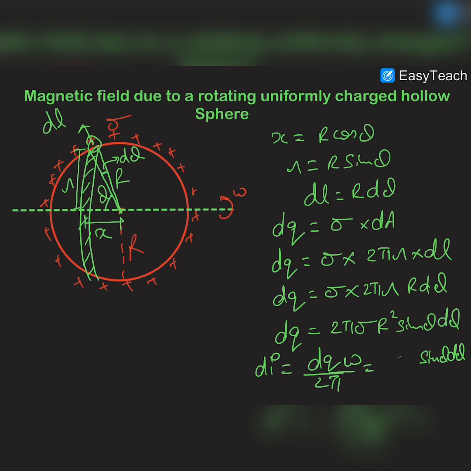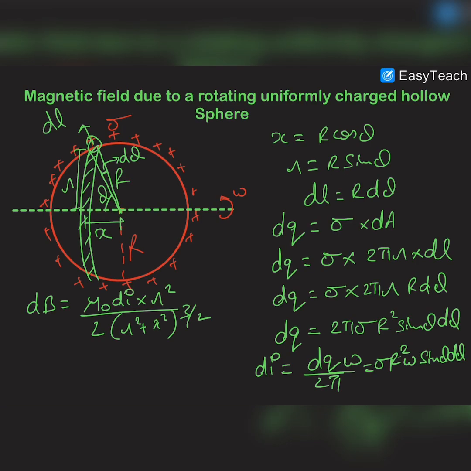This would be sigma R square omega sin theta d theta, cancelling 2 pi with 2 pi. And the current in this ring is this one, and magnetic field due to this small ring is mu naught I, which is di, into r square divided by 2 (r square plus x square) to the power 3 by 2. Okay, so let us use the next page.